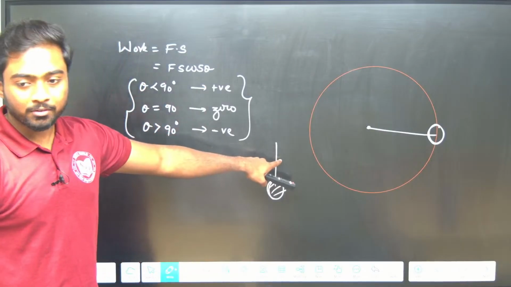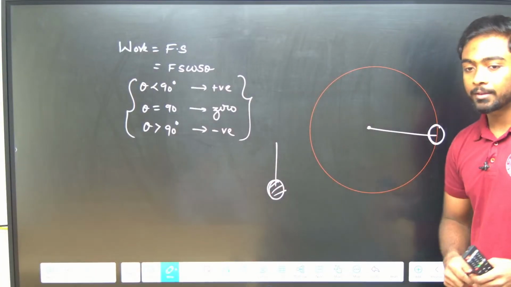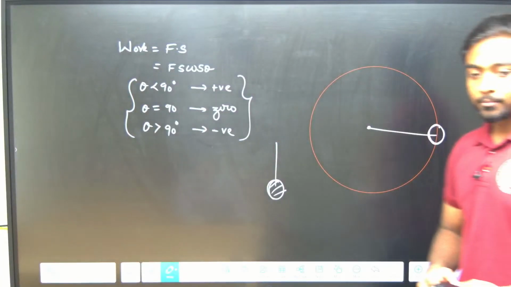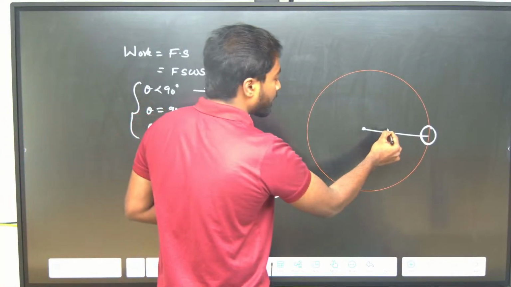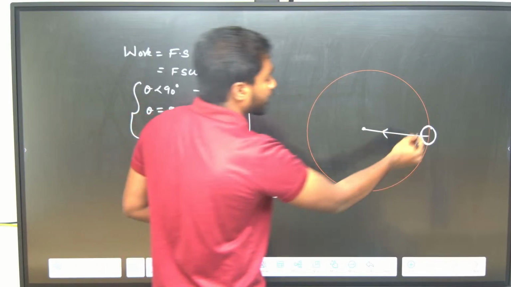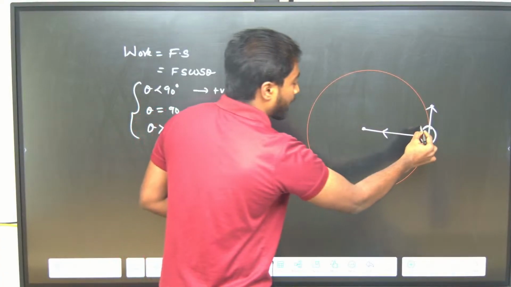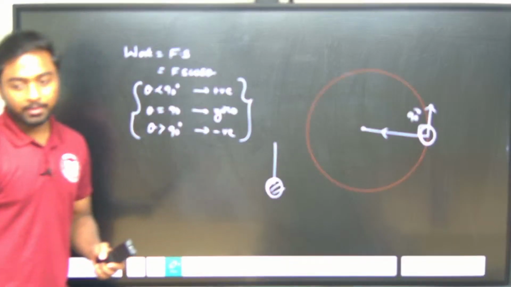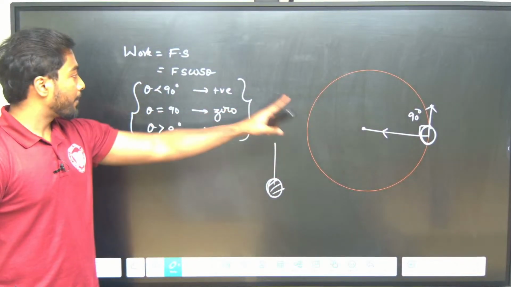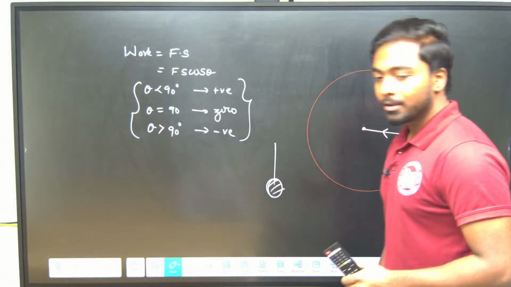I have applied force, and if I apply force only, it will start to rotate. The force will be directed towards me, and the displacement at every point will be tangential, so the angle between them will be 90 degrees. Although force and displacement are both present, the angle between them is 90, so the work done will be 0.